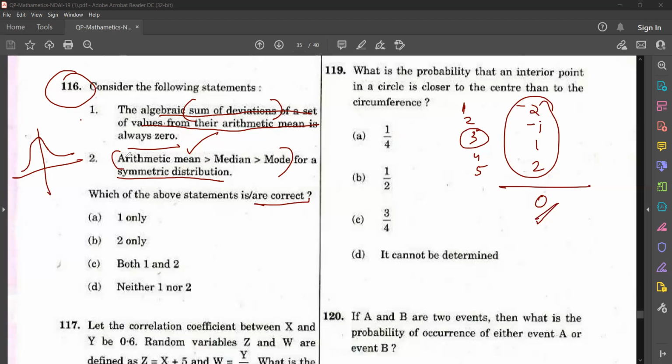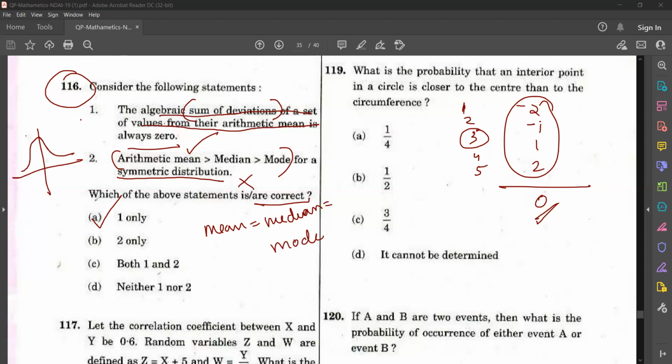For a symmetric distribution, mean equal to median equal to mode. Not greater or lesser. That is the correct relation. So they have given a wrong statement here. So which is the correct one? The correct one is 1 only. 1 only is the correct statement.